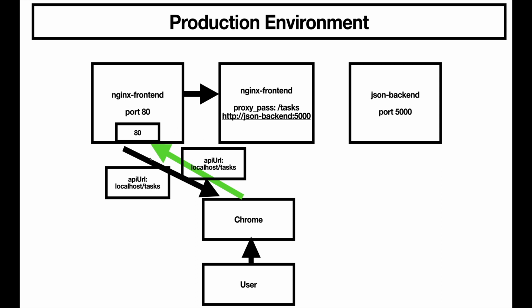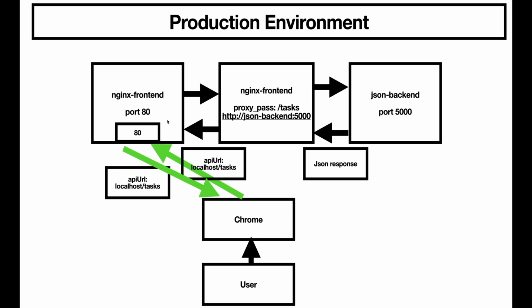And once Nginx receives the path /task, it will forward to the proxy and it will send your request to the JSON backend at port 5000. And the backend will give you back the JSON response to Nginx, and Nginx will give you back your responses.